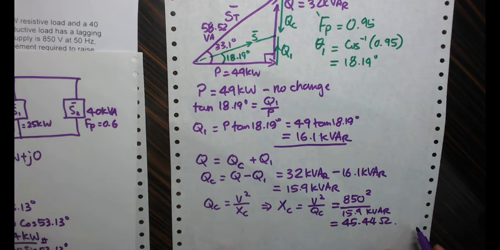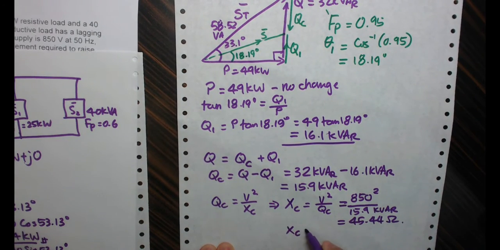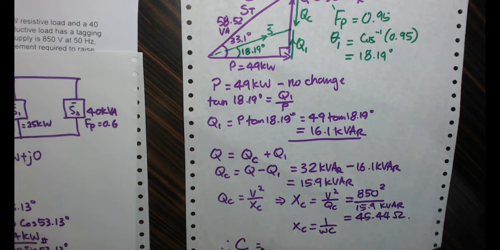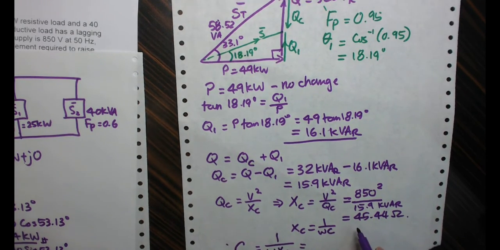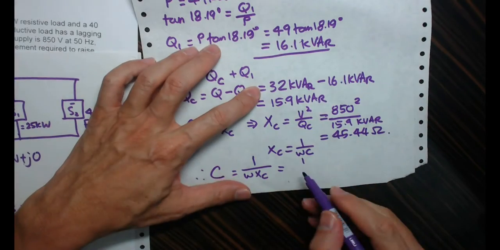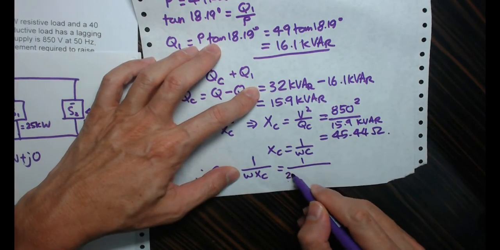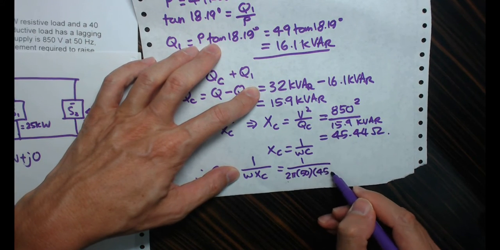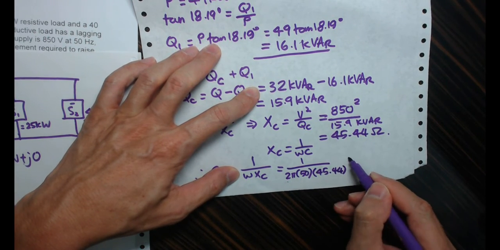But we also know XC can be calculated using the formula 1 over omega C. Therefore, C is 1 over omega XC, which is 1 over 2 pi 50 hertz multiplied by 45.44 ohms.